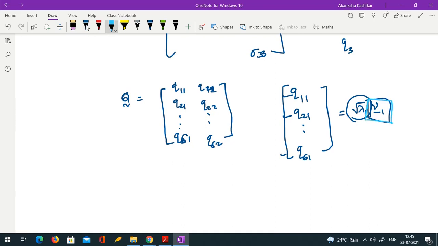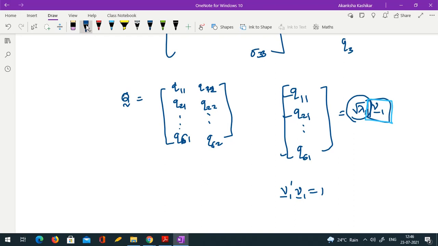In general, what all things you know about nu 1? It has length 1. Correct. So what you know is nu 1 prime nu 1 is equal to 1. So can I somehow use that?